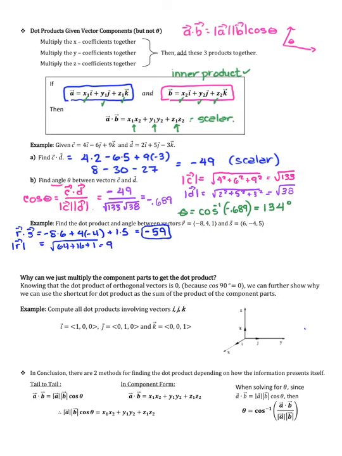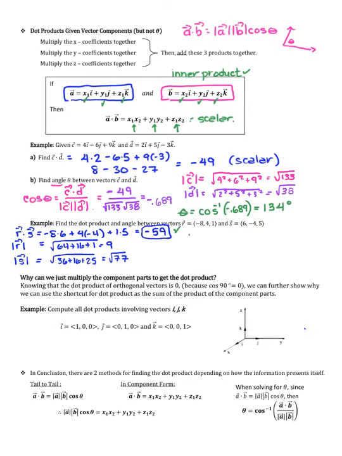Square root of 81 is 9. That was nice. Nice to have a friendly number for once. And this one will be 36 plus 16 plus 25. That all adds up to square root of 77. Not as interesting.